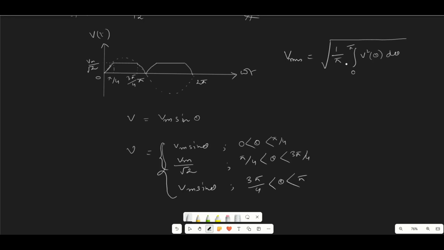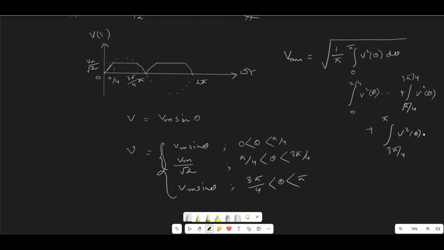Now here we break the integration between different ranges like we do in our normal integration numericals. Plus next will be, sorry, pi by 4 to 3 pi by 4. Then the last one will be 3 pi by 4 to pi. Then we have V square theta d theta in all the terms.